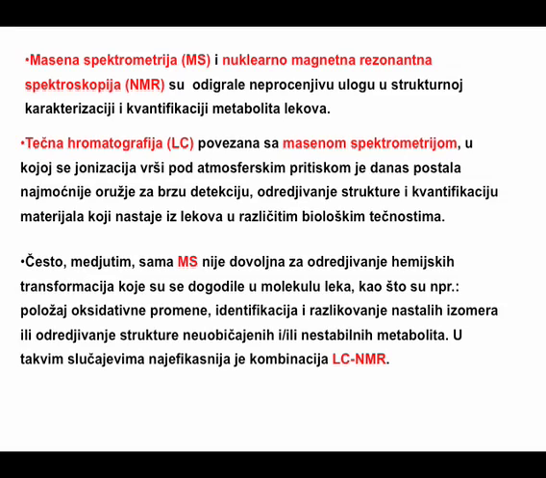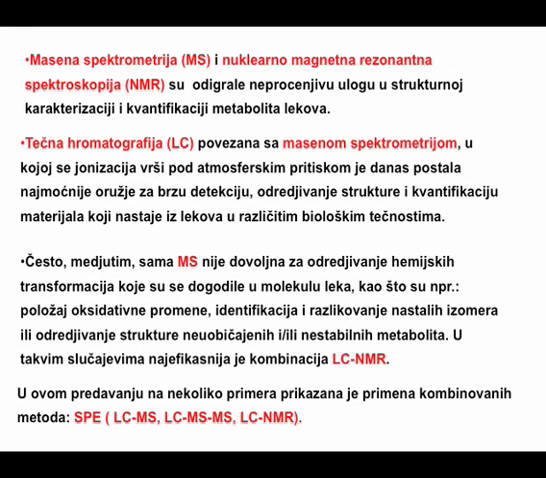In the event of MS, it usually gives fairly satisfactory answers to all these questions, but in the event of something unexpected happening with the drug, if it is not possible to determine the position of oxidative change because we have isomers that cannot be determined by MS, or a metabolite is there that is of unusual structure, in such an event we must use NMR, and then we have a combination of LC and NMR spectroscopy.